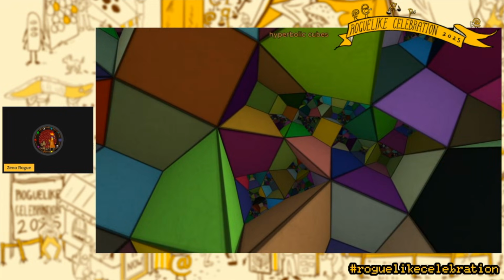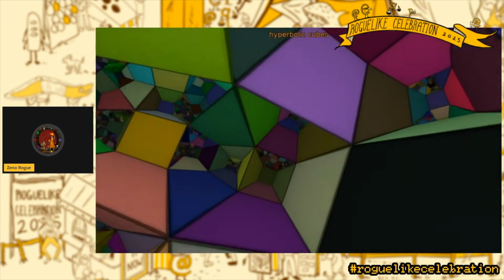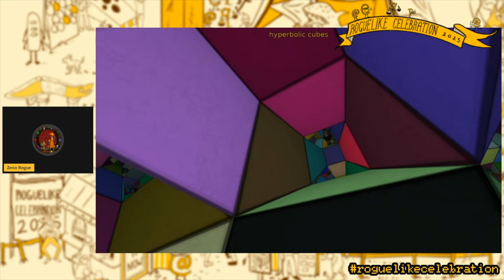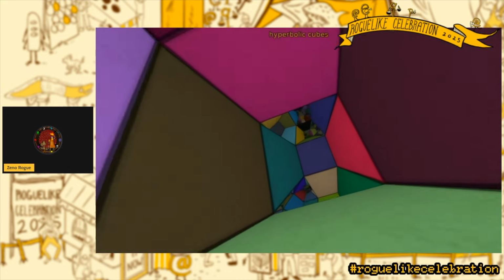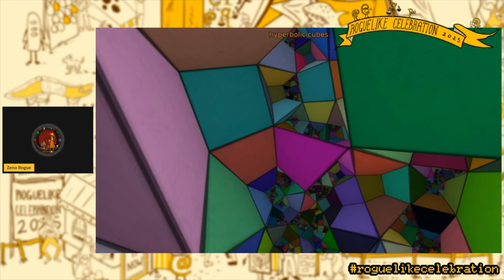The angles are all wrong, right? So, for example, the angles here are not 90 degrees; they are 72 degrees, and 5 of them fit around every edge. So it's a weird thing. Okay, so that's an introduction to hyperbolic geometry.